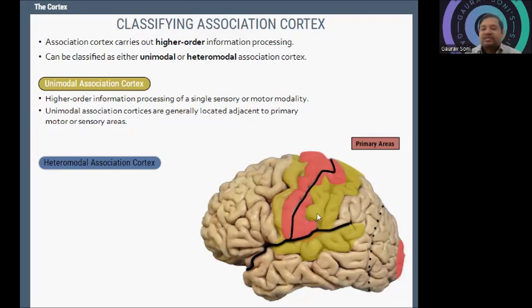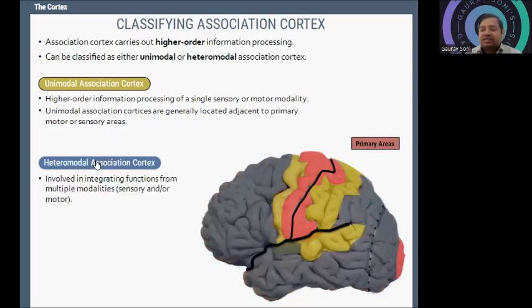So whatever is related to the primary motor or sensory area will be called unimodal, and uni means single sensory or motor modality. Heteromodal, the rest, is involved in the integrating function from multiple modalities. So when more than one modality is going to act or interpret, then this heteromodal association cortex will come.